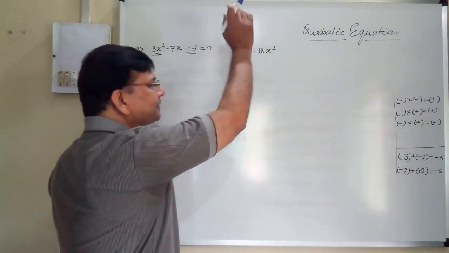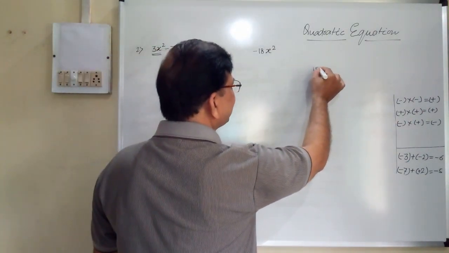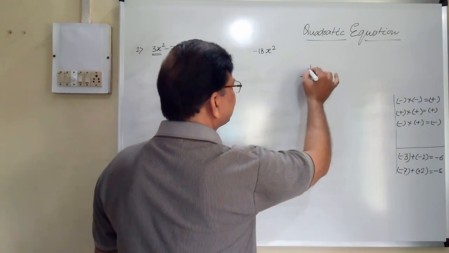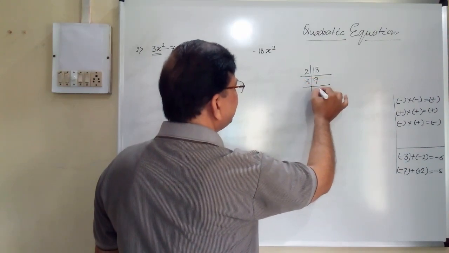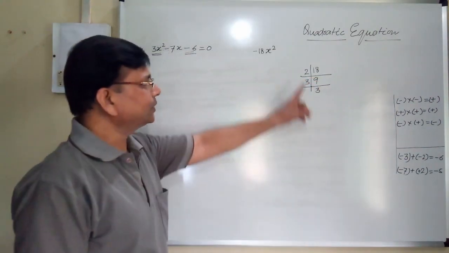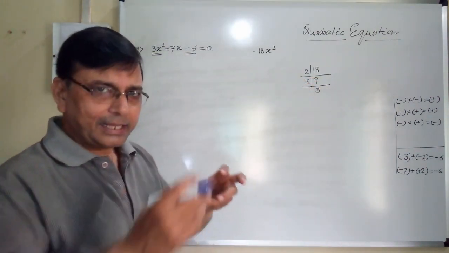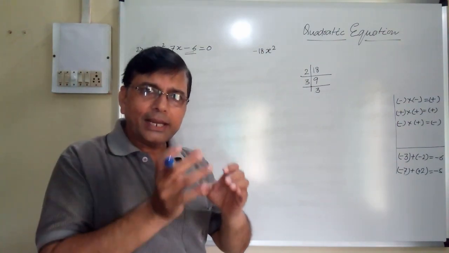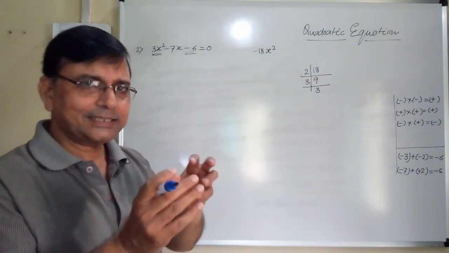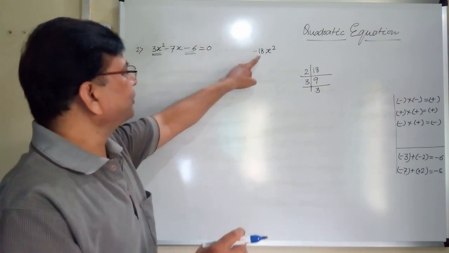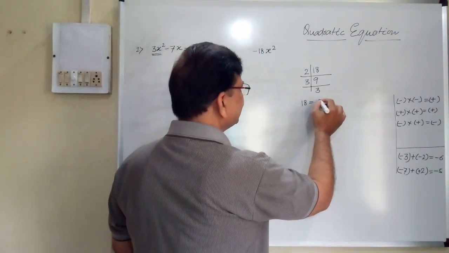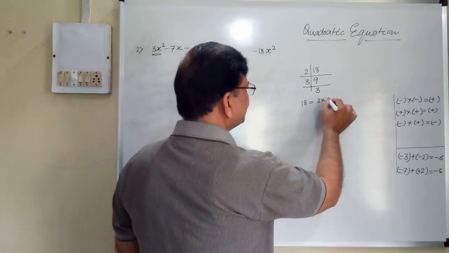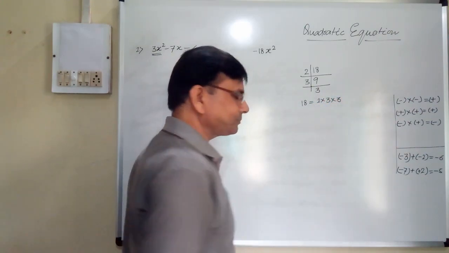So if 18 is factorized, procedure is like this: 18, we have 2 9s are, then 3 3s are. The factors are 2, 3, 3. In these three factors, we will take only two factors, such that sum will be this and product will be this. Means this 18 is 2 into 3 into 3.